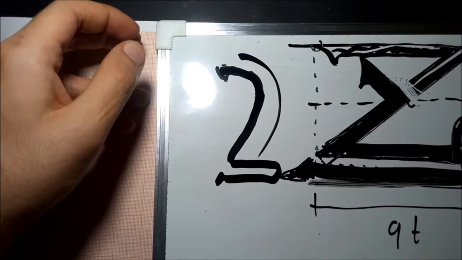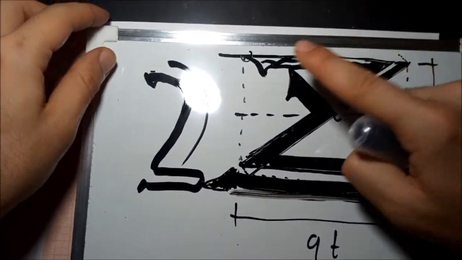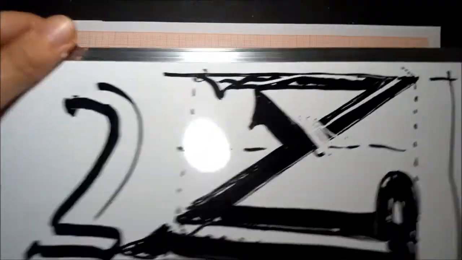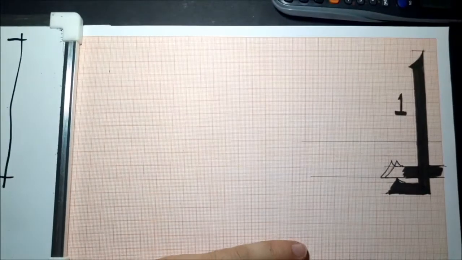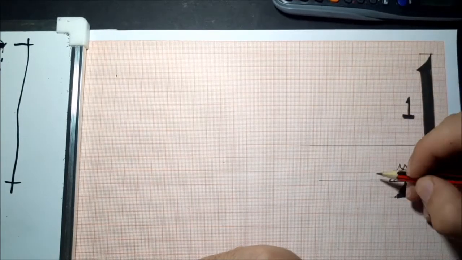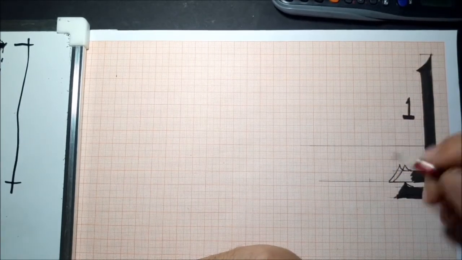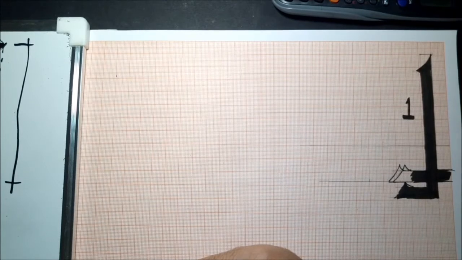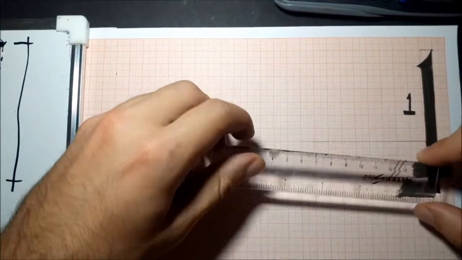Let's start with the bigger one, the Z-shaped calf, and see how we can work that out. So we choose our starting point, which let's say is right over here. We locate the base, which will be, as we said, 9T, which is 72 millimeters.